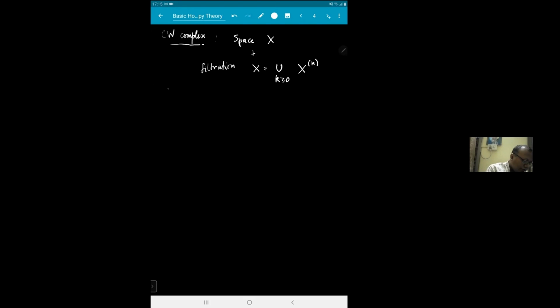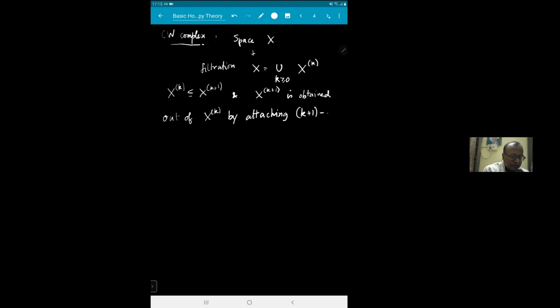Filtration means I demand that X_k is contained in X_{k+1}, and X_{k+1} is obtained out of X_k by attaching (k+1)-dimensional cells.